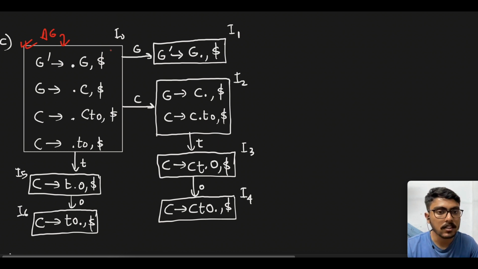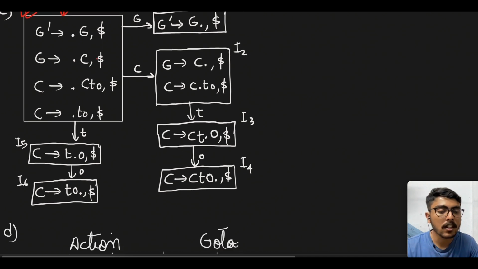So first consider that suppose G is read by the compiler. If G is read and the compiler also sees that the next symbol is end of file, then it will go to this particular state, that is I1. In this, G dash goes to G, then dot, because we now have seen G, comma, dollar sign.